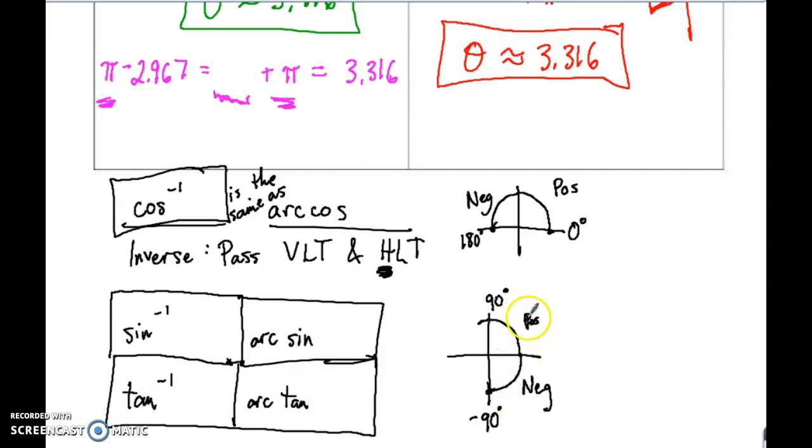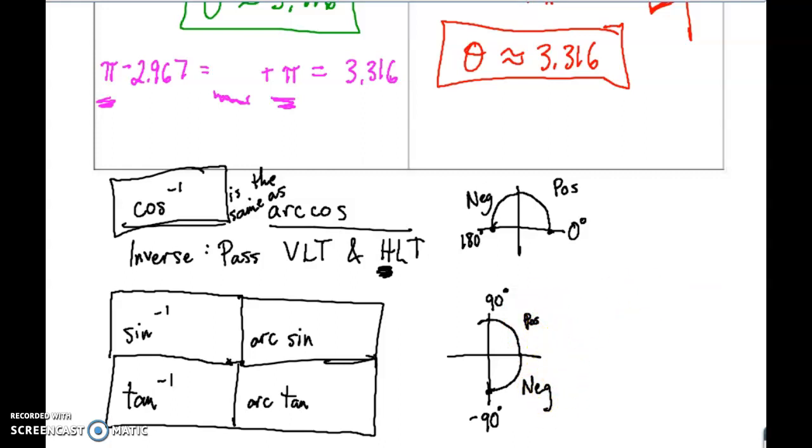Tangent follows sine. My logic could be the same as over here, but whoever invented this decided to say, okay, let's do inverse tangent from negative 90 degrees to positive 90 degrees. There's a reason, we just haven't learned it yet.